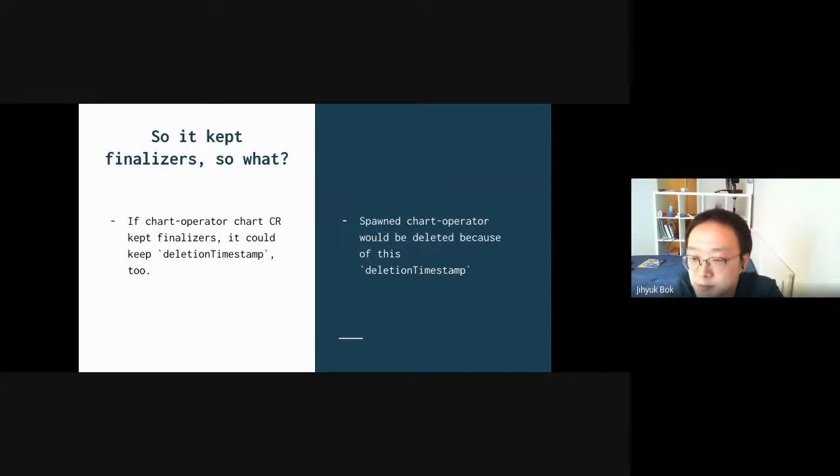So the app operator will reinstall the chart operator after deletion, but the spawned chart operator will see the deletion timestamp on its chart operator chart CR, so it will get deleted afterwards. This was the reason why it got stuck in pending status and didn't reboot correctly.